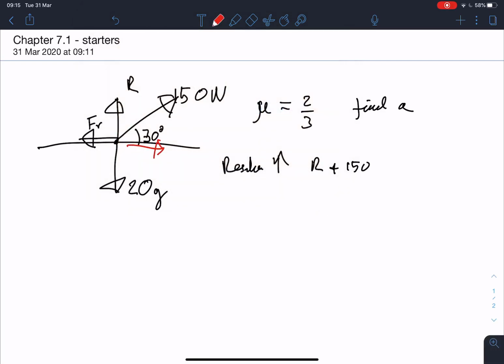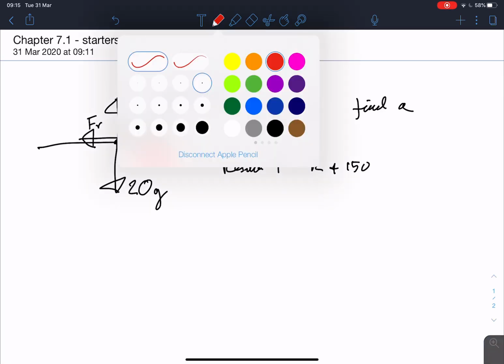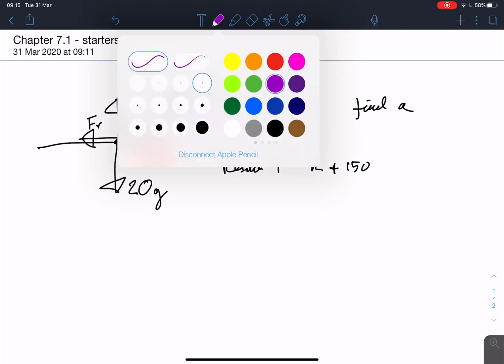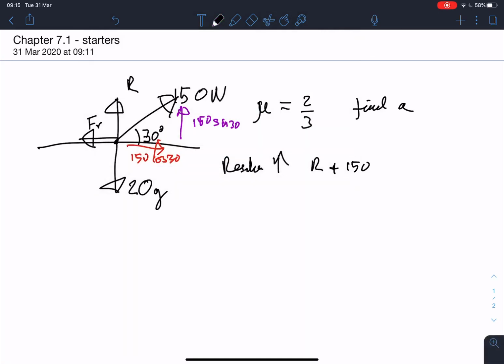So we get R plus 150, and we can break the force into its components in the usual way. So we've got horizontal component, which is 150 cos 30, because it's next to, adjacent to the angle, and we have 150 sine 30, because it's opposite the angle.